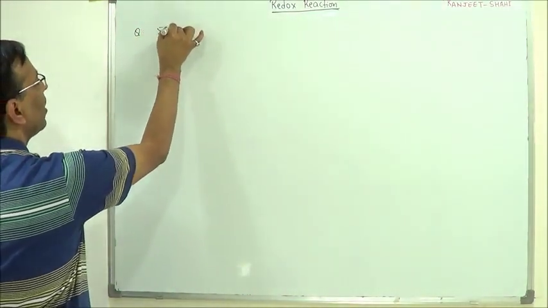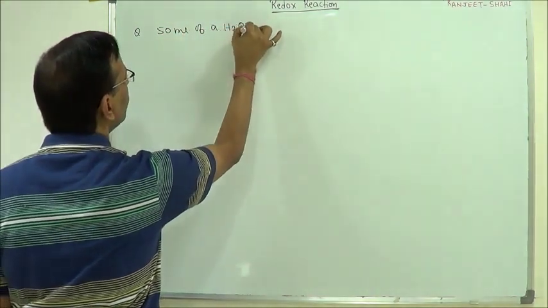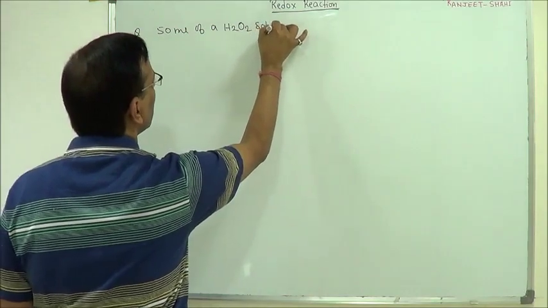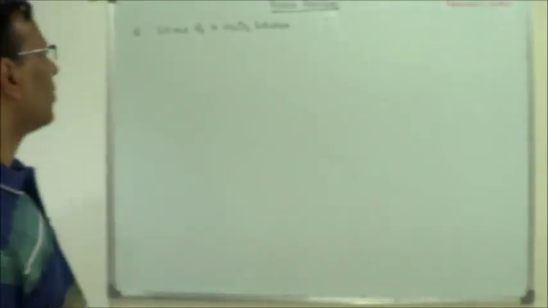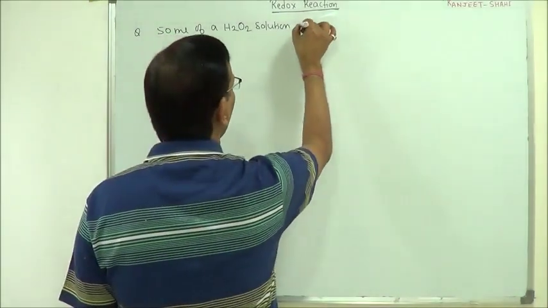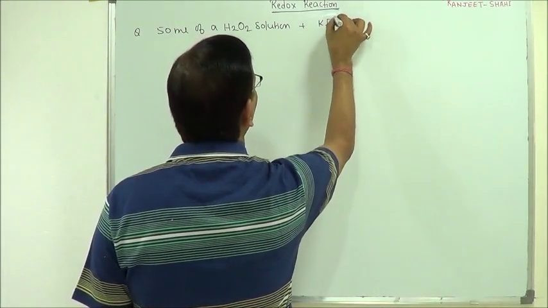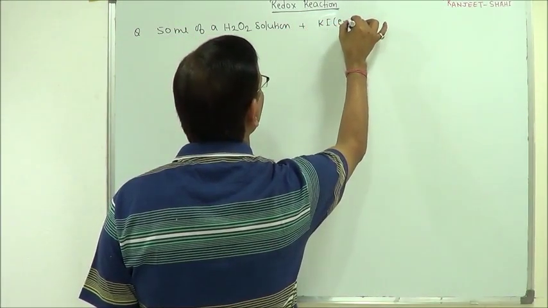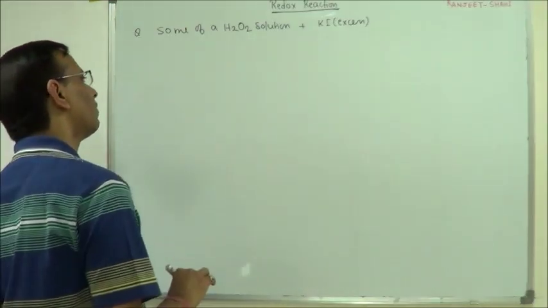50 ml of H2O2 solution. We have a hydrogen peroxide solution. 50 ml of H2O2 solution is treated with excess of KI solution.